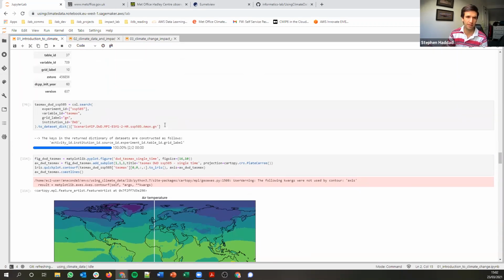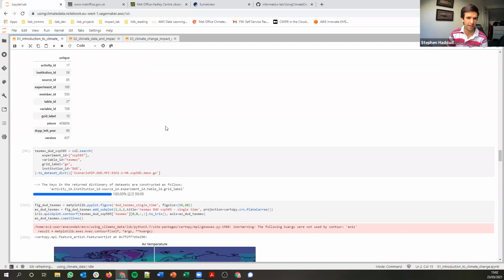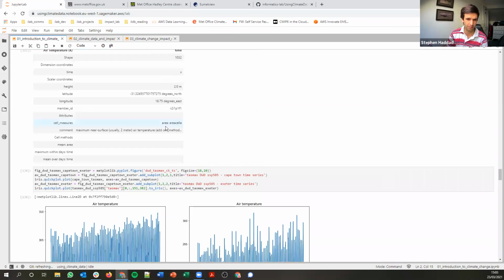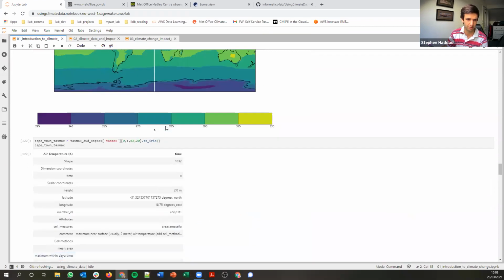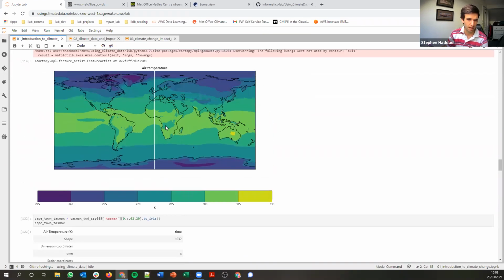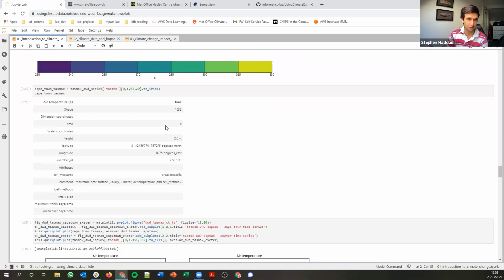The one I'm plotting over here is about 300 by 200 squares covering the whole world.